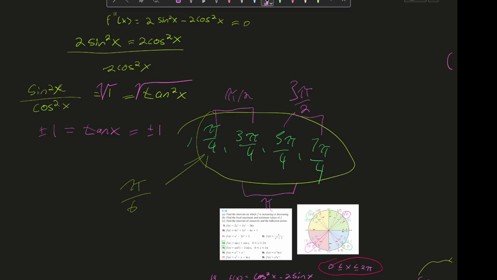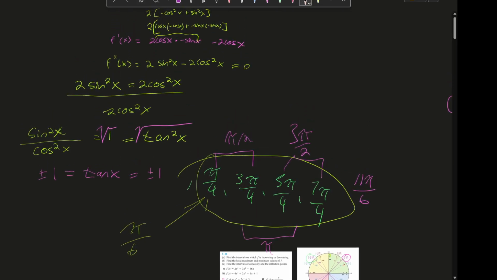Then we need something between 7 pi over 4 and 2 pi, and I'm just gonna use 11 pi over 6 because there's nothing else nice in our options there. So yeah, let's go ahead and test this. We're plugging these, pi over 6, pi over 2, pi, 3 pi over 2, 11 pi over 6, into the second derivative here.